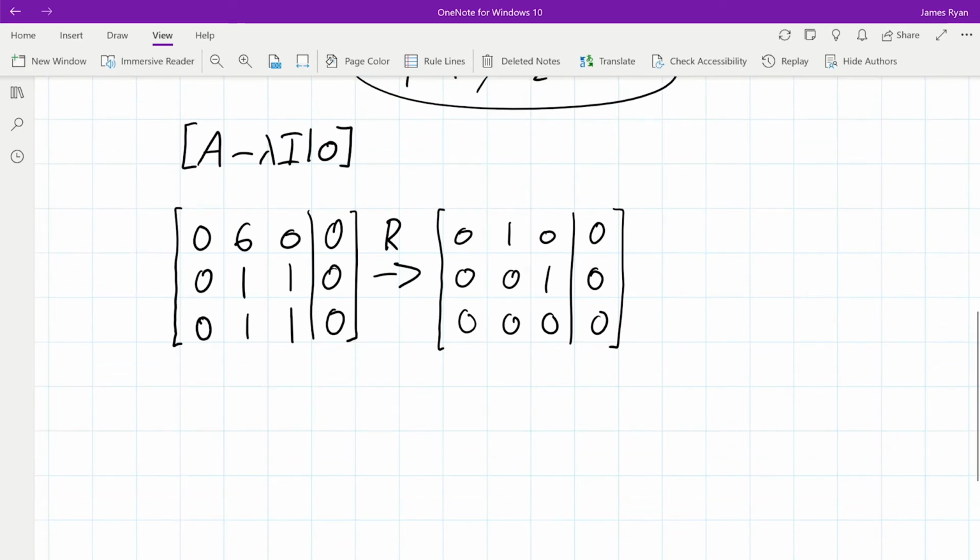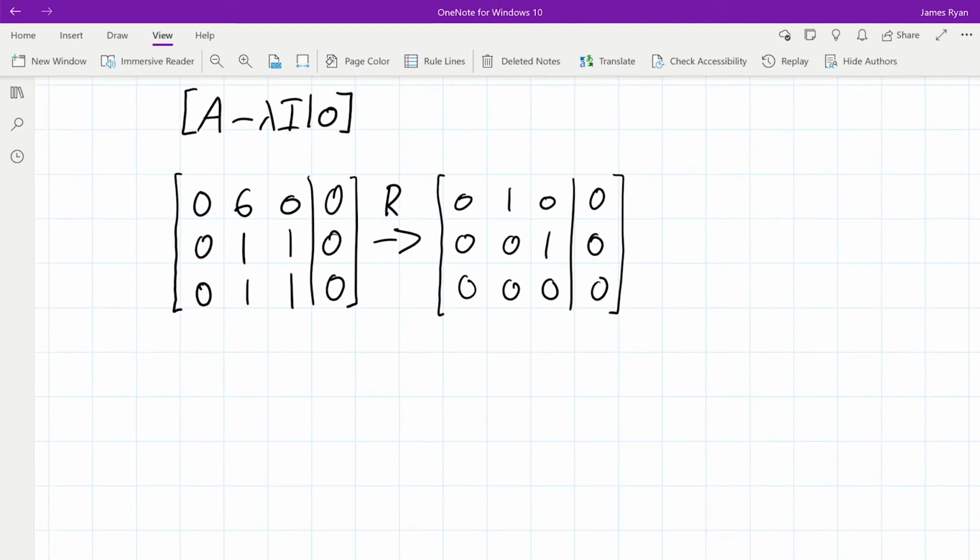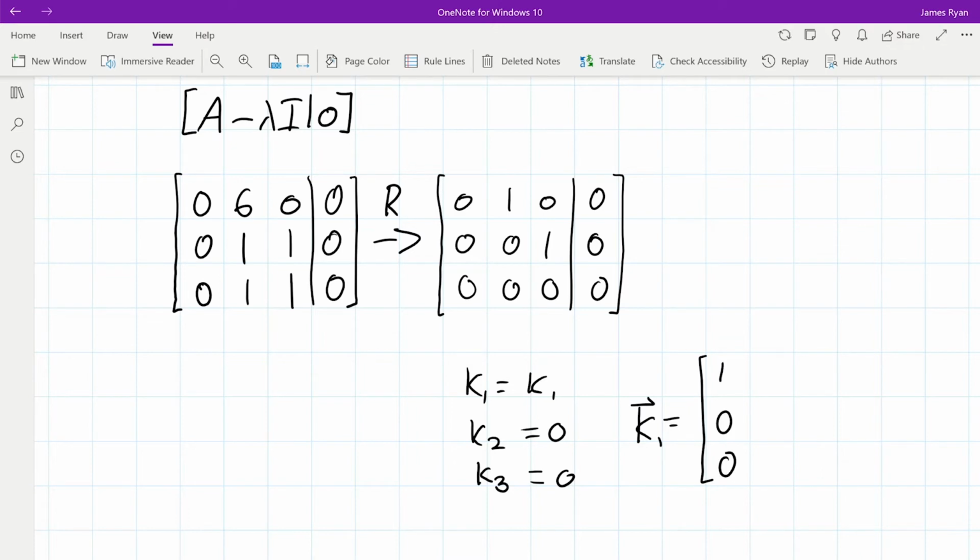So then, from here, we see that k1 can be any number, k2 is 0, and k3 is 0. And so our eigenvector, k1, is 1, 0, 0. Because we can choose any number for k1, it's convenient to choose 1.